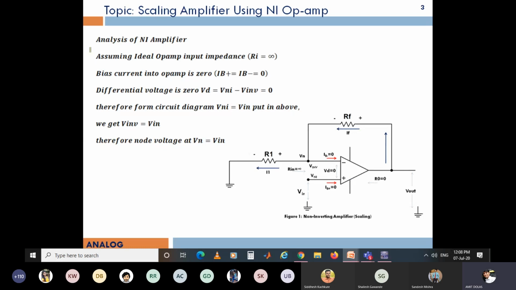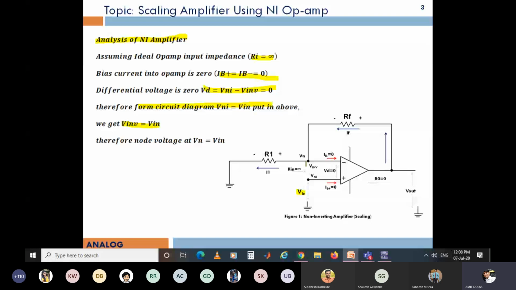Again, as I said, we are looking at the analysis of the non-inverting amplifier. Ideal op-amp: Ri infinite, bias current 0, differential voltage 0. Therefore, from the circuit diagram, the non-inverting voltage will be equal to the inverting voltage. Putting into the above equation, we get the non-inverting voltage, which is Vin, is nothing but the inverting voltage.